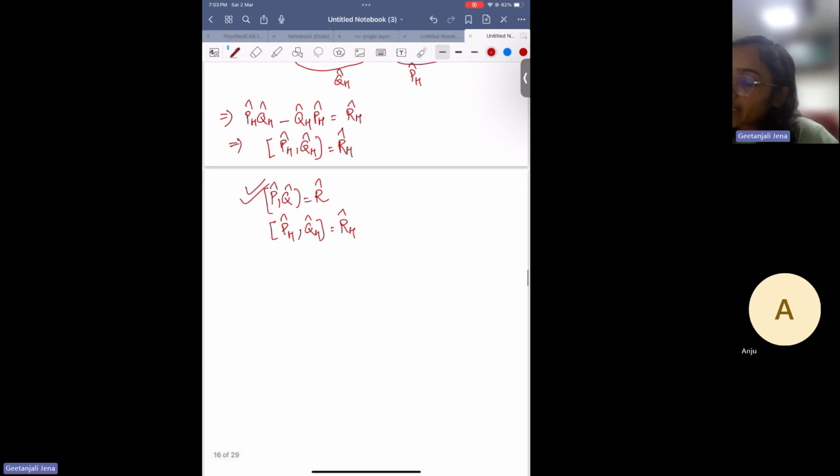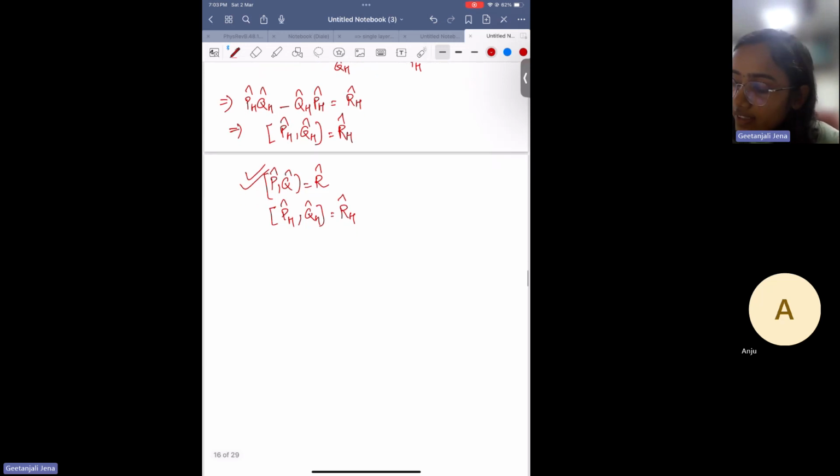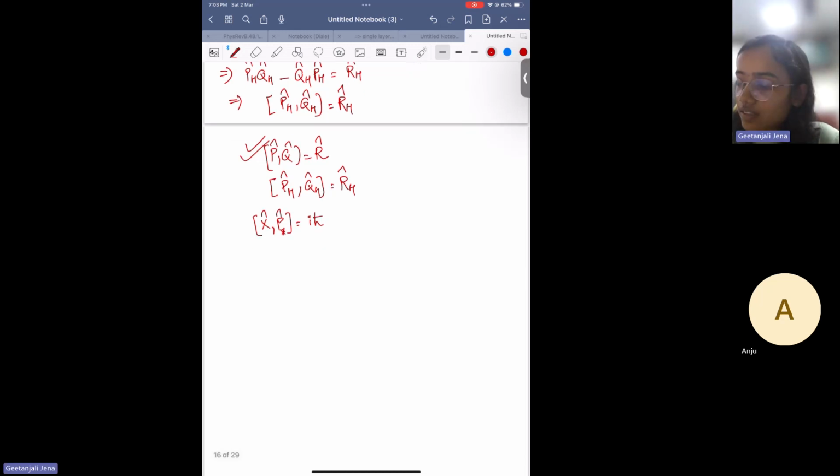Right? So if I take one example, let's see. You know that in the Heisenberg picture, the commutation relation of x with p equals iħ for x with p_x, right? x with p_y is anyhow 0, x with p_z is 0. Only x with p_x is non-zero.